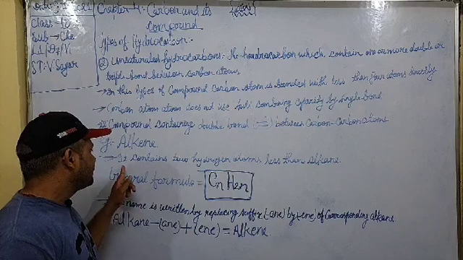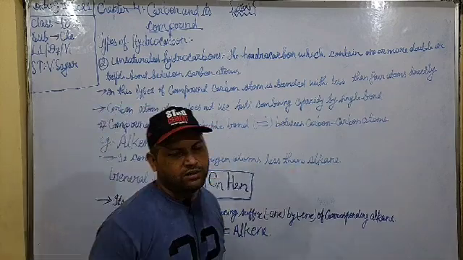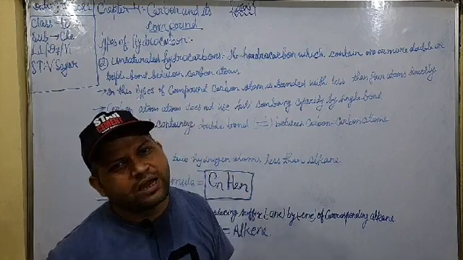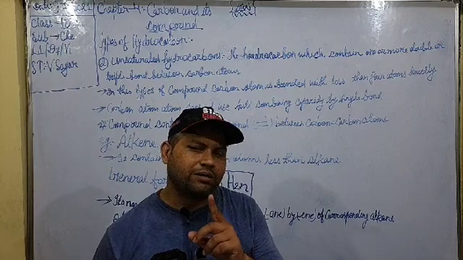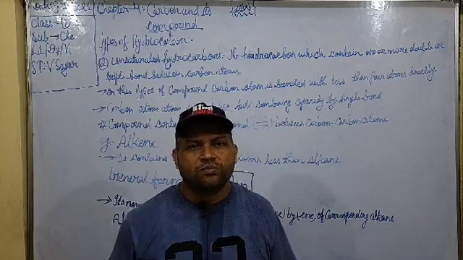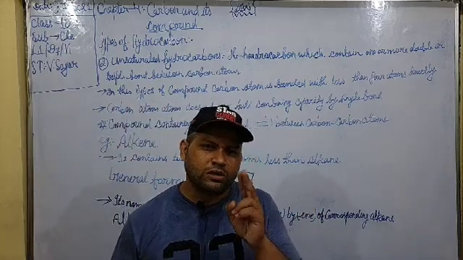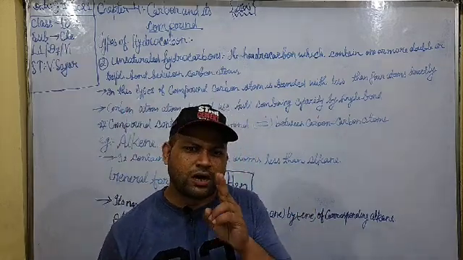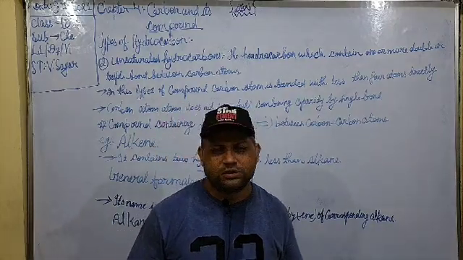Such types of compounds contain 2 hydrogen atoms less than alkane. In alkane, how many hydrogen atoms are there for one carbon atom? For one carbon atom, there should be 4 hydrogen atoms. But here, one carbon atom can combine with only 2 hydrogen atoms.